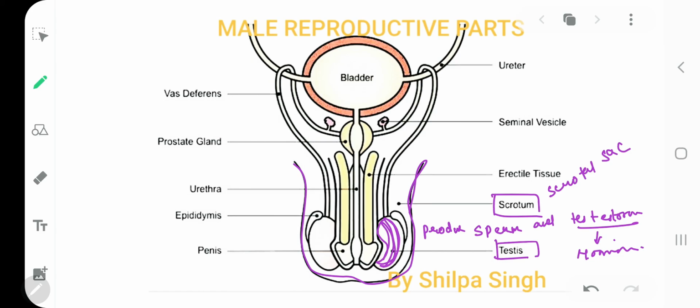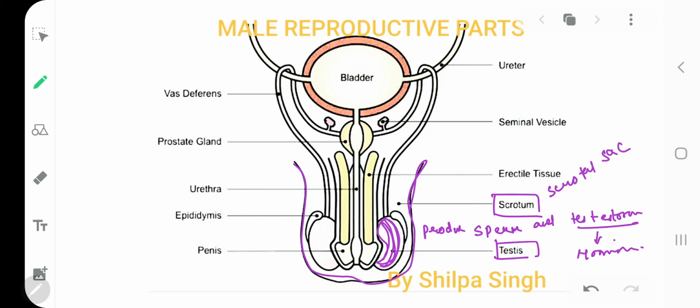When a small baby is born, or rather when the child is in the mother's womb, at that time, in the embryonic stage, the testes are contained inside the abdomen itself. But they slowly, gradually descend into the scrotum before birth.